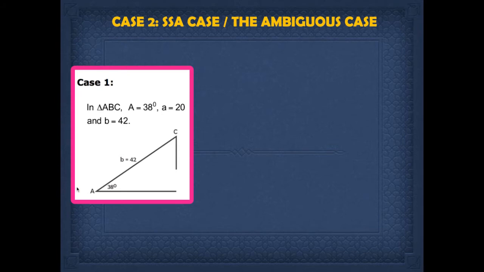Here notice that we are given two sides, sides a and b, and an angle, angle A, which is opposite side a. So we're given two sides and an angle opposite one of these two sides. Clearly, this case falls under case 2, the SSA case or the ambiguous case.